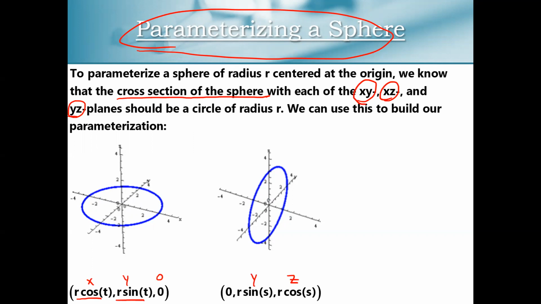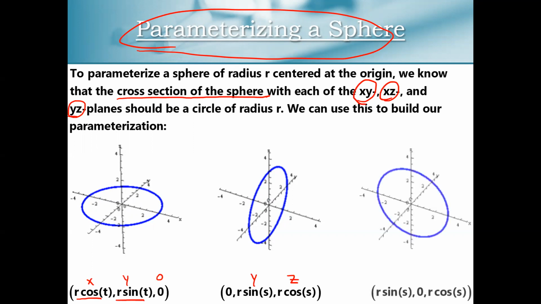So I'll put a cosine into the z slot and a sine into the y slot and a 0 in the x position. And then finally, we can also get our xz cross-section of our sphere. And we do that by putting cosine into the z slot, sine into the x position, and then 0 here in the y position.